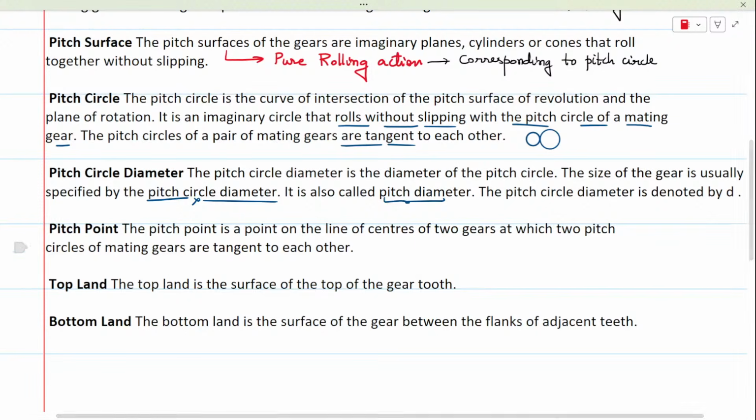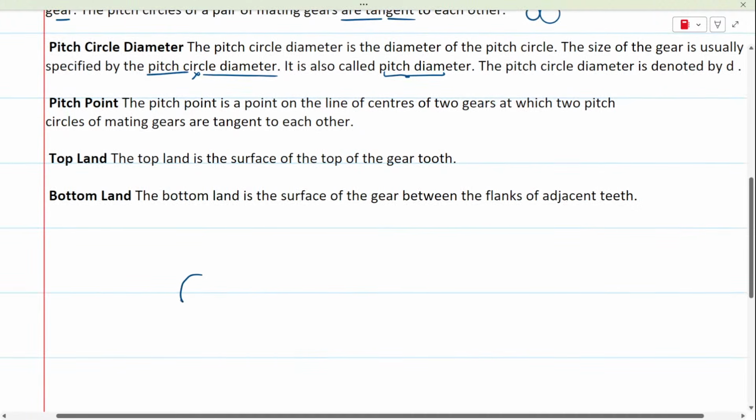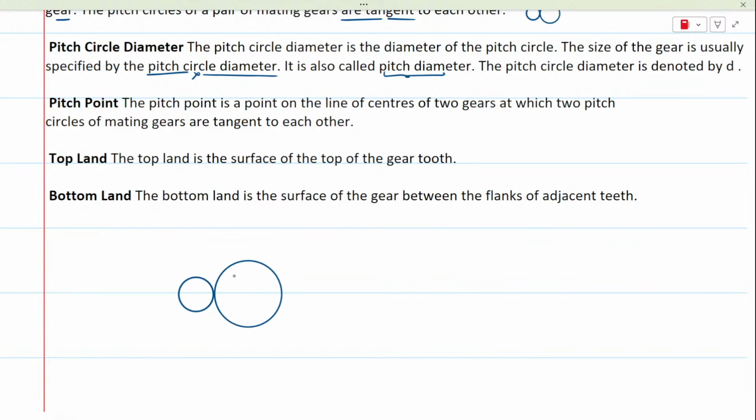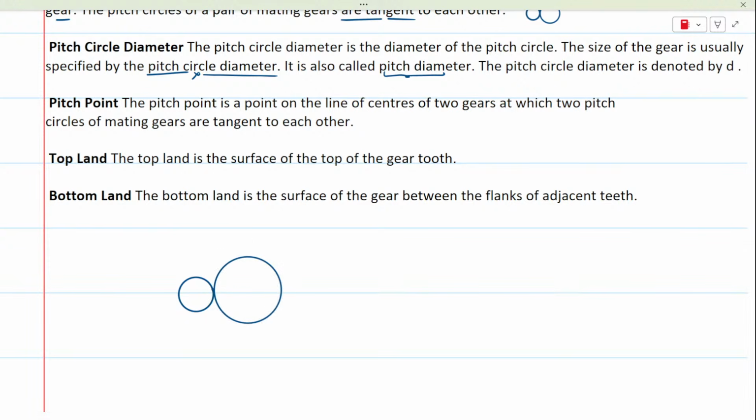Next is pitch point. Pitch point is a point on the line of centers of two gears at which the two pitch circles of meeting gears are tangent to each other. Let me redraw. This is the simple representation of gears in mesh. This red point is the pitch point, and these are the center of the pinion and the center of the gear.